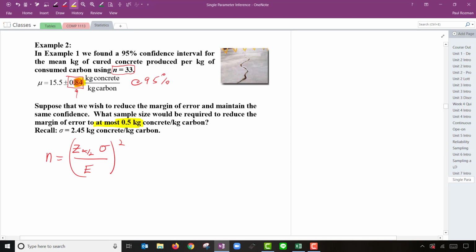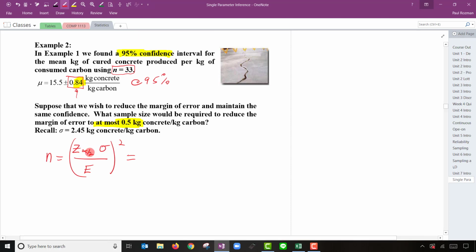We had an error of 0.84. We can't live with that. It's too high. To calculate this, I want to maintain my 95% confidence. So I still want to continue to be 95% confident, but I want to make sure my error is down to 0.5. So my z-score isn't going to change.